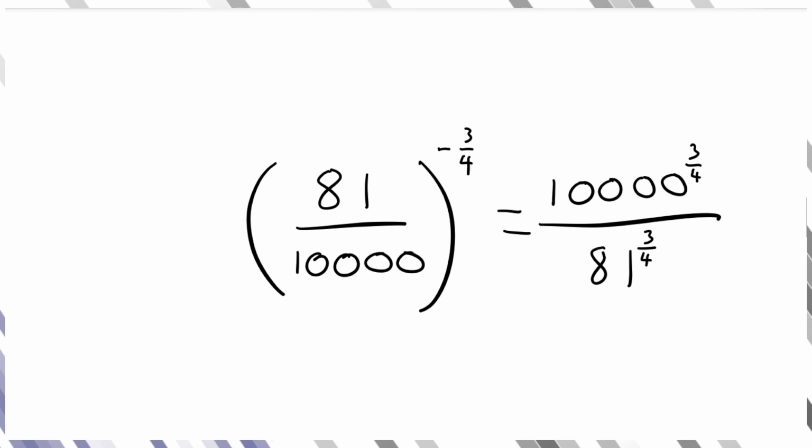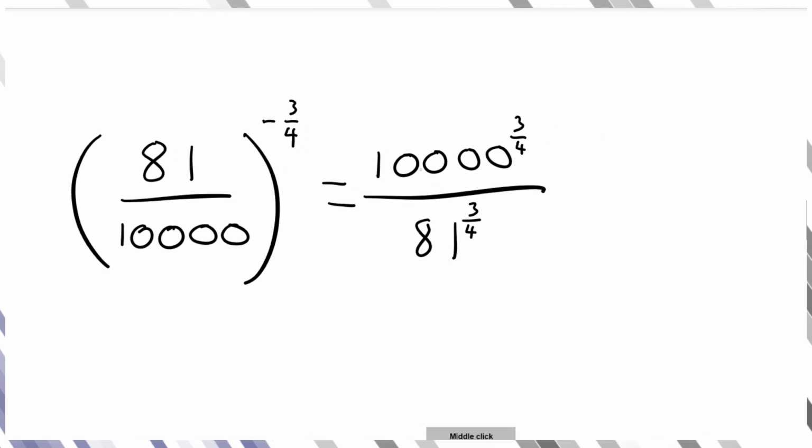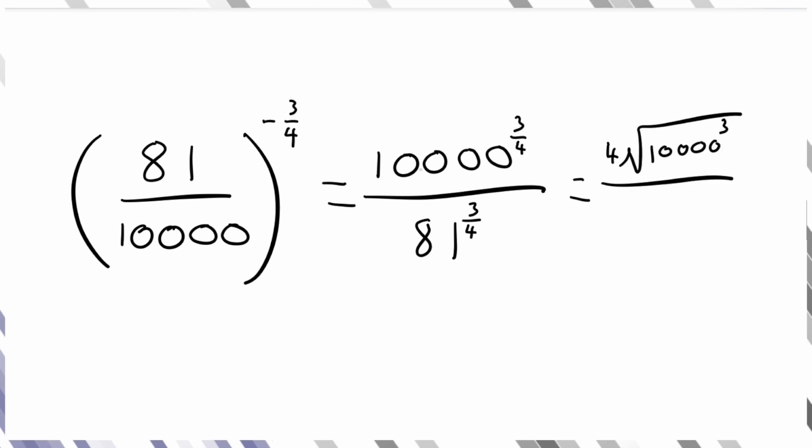Alright, so 10,000 to the power of 3/4. Well, that means we need to take the 4th root of 10,000 and raise that to the power of 3. The number that multiplies by itself 4 times to make 10,000. So let's write that out: the 4th root of 10,000 cubed. And then we're going to do the exact same thing to the 81, so the 4th root of 81 cubed.